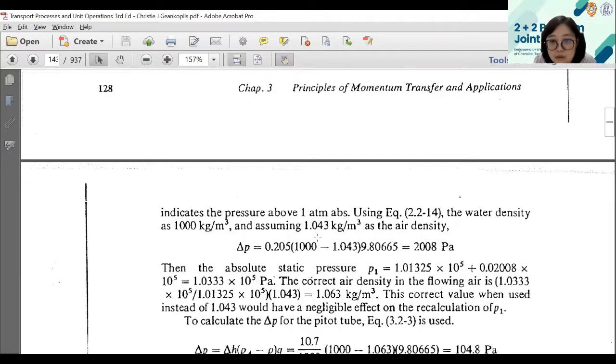So I use the comparison: the new pressure over the old pressure times the old density, and then we can get the new density.